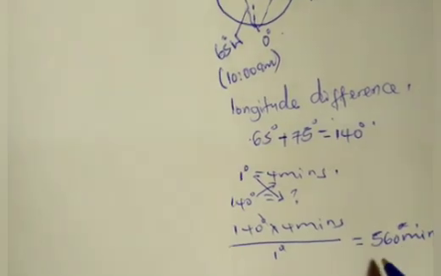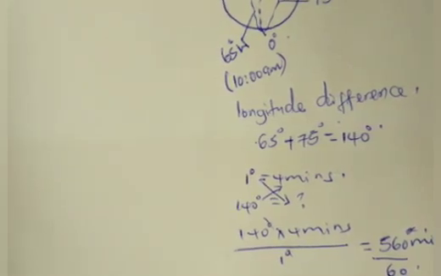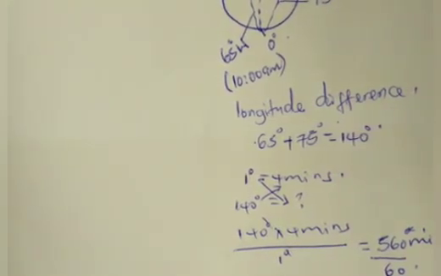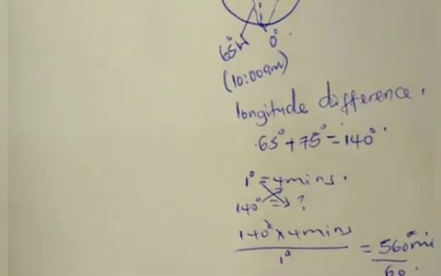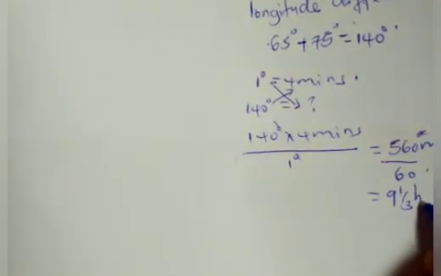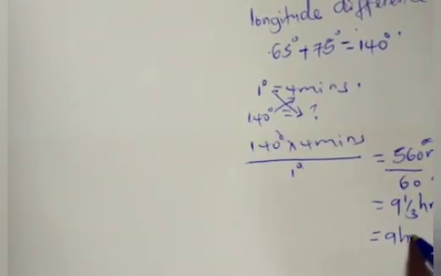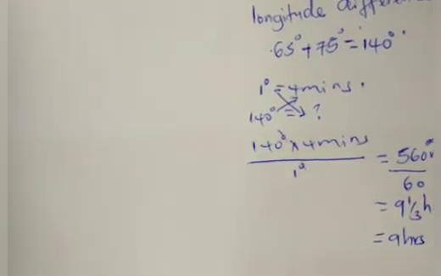So we divide by 60 to convert these to hours. We'll have 9 1/3 hours, which is equivalent to 9 hours 20 minutes.